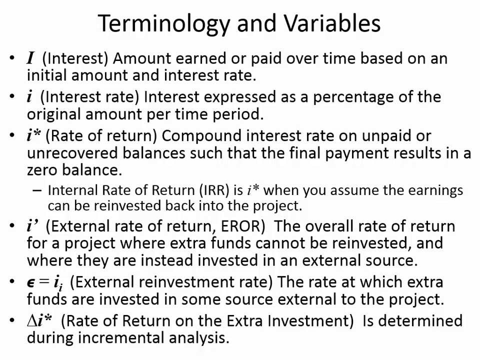And so delta I star is looking at the difference in the initial investment and then the difference in revenue. And the criteria for that, just to review from what we talked about on Tuesday, is you try to beat your minimum acceptable rate of return. So if the delta I star is greater than the MAR, then you accept the next most expensive alternative.